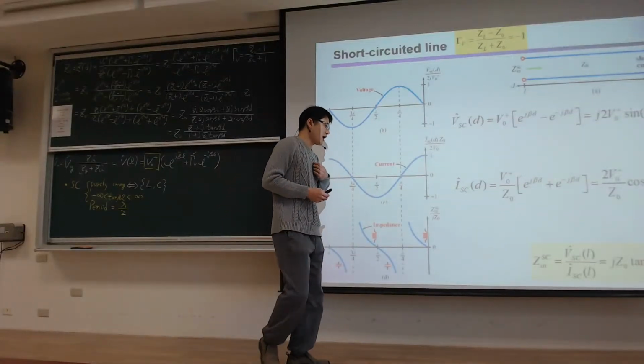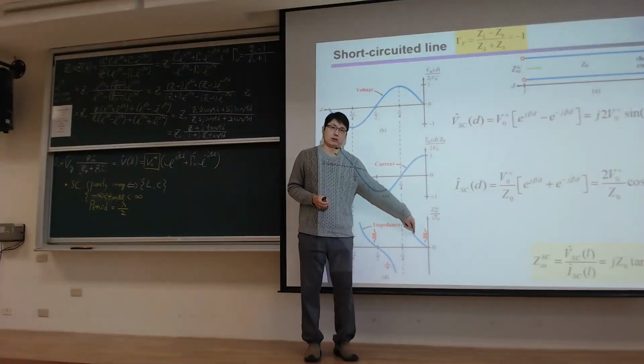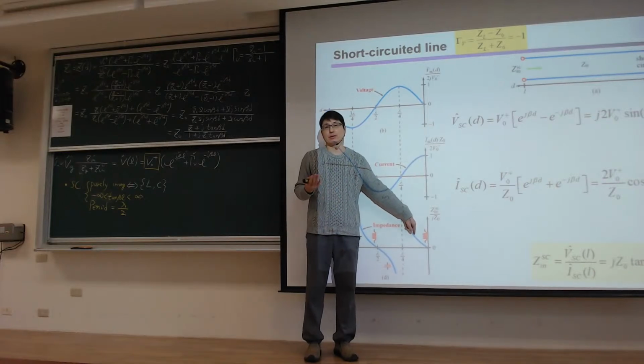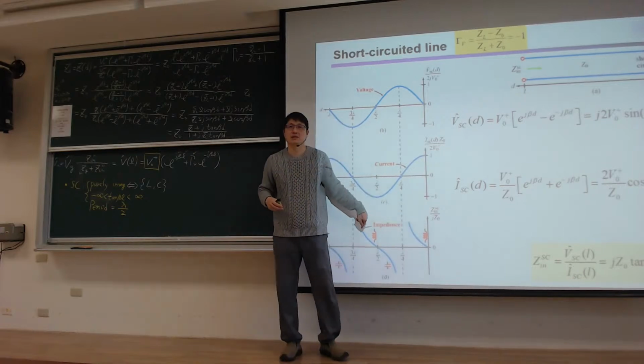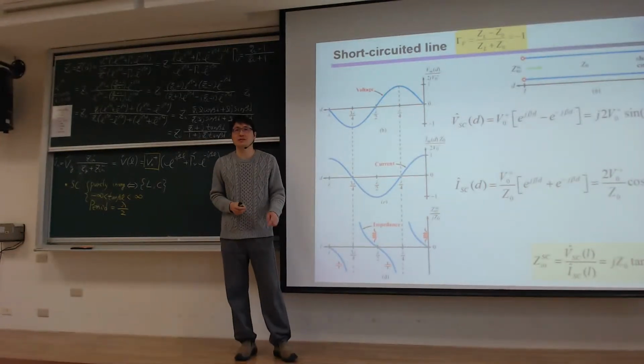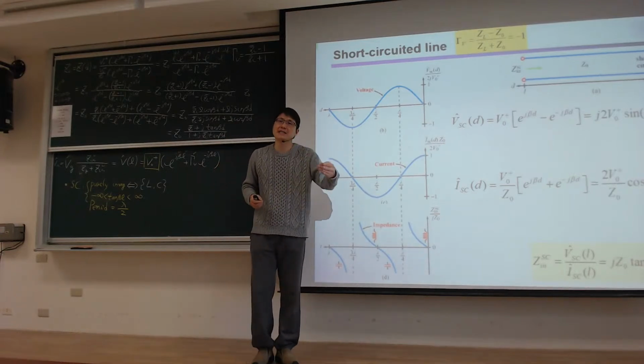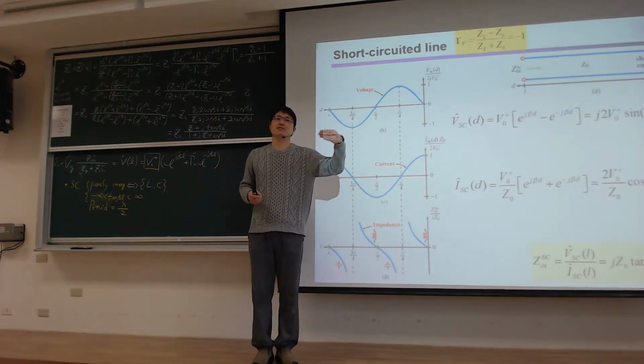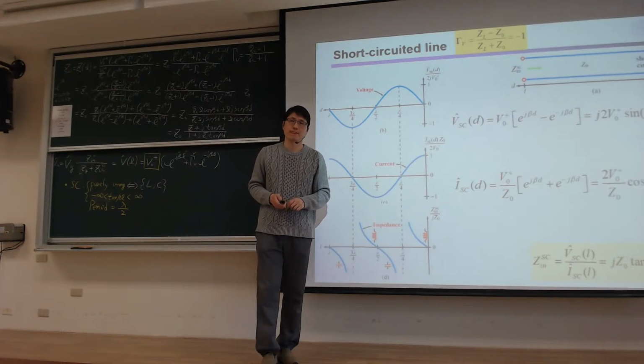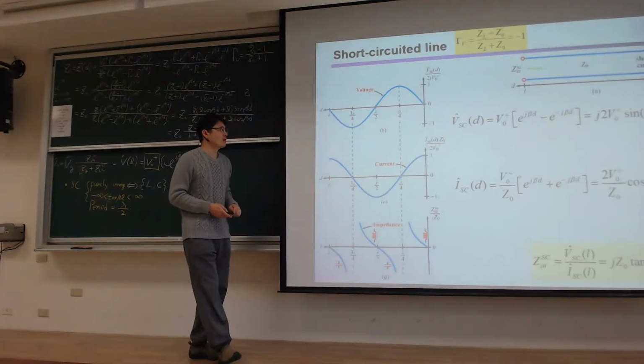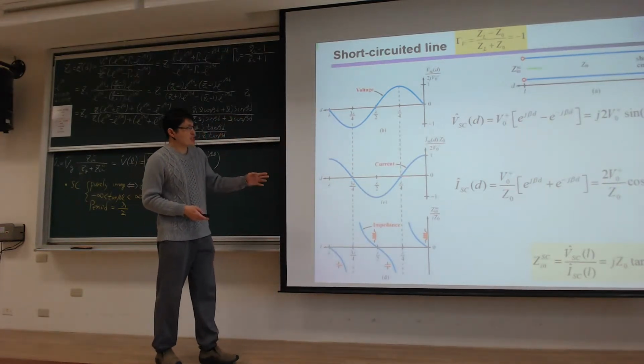So whenever we ask you a certain question, what is the impedance value or the effective inductance here, if you want to write the full answer, you have to remember the answer has infinite choices, right? It repeats itself after lambda divided by 2. Okay? So that's the case with short-circuited.